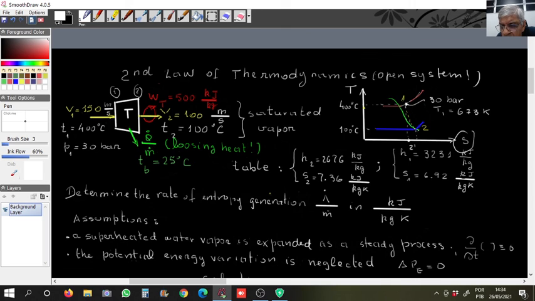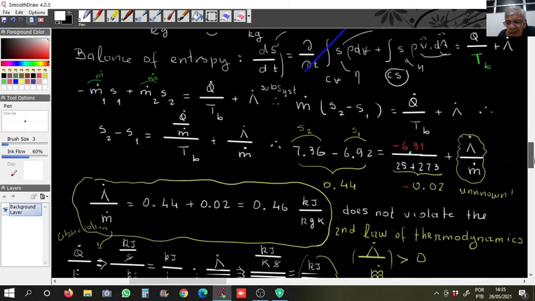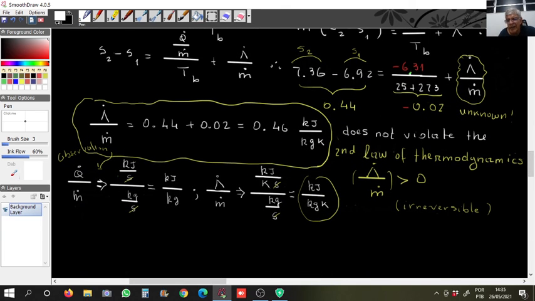From 1 to 2 prime the process is isentropic, but in the real world you have increased the entropy. This is S2 and this is S2 prime, which agrees with the result. So you generate entropy.